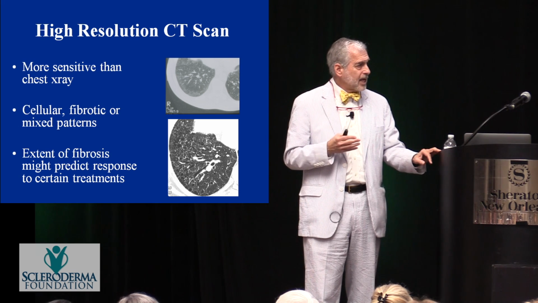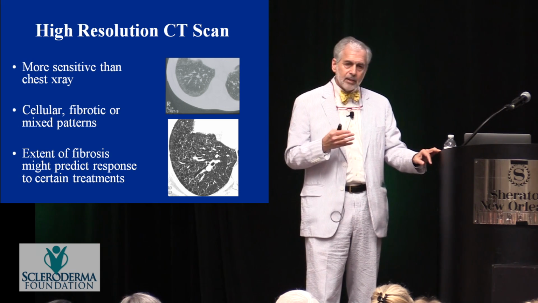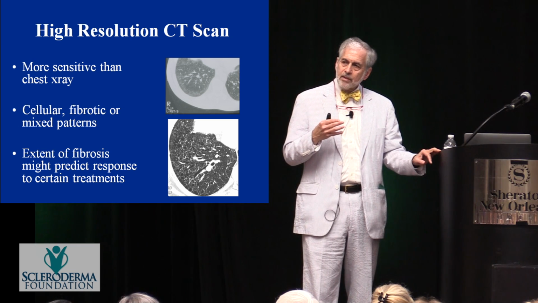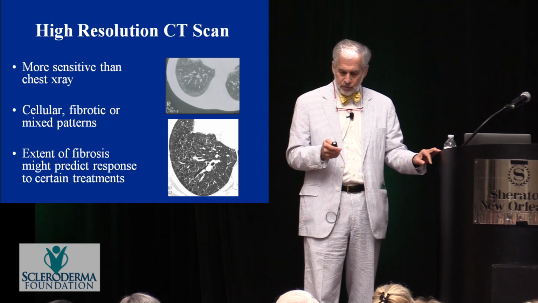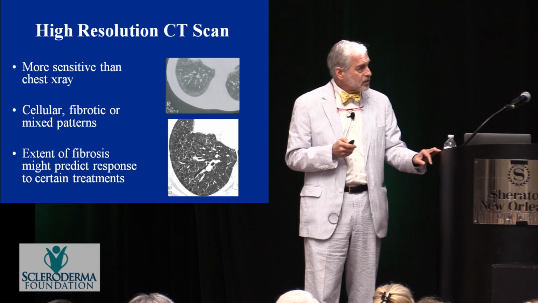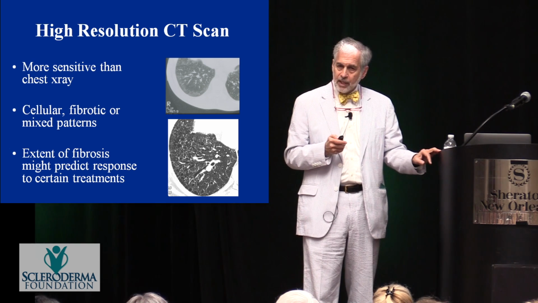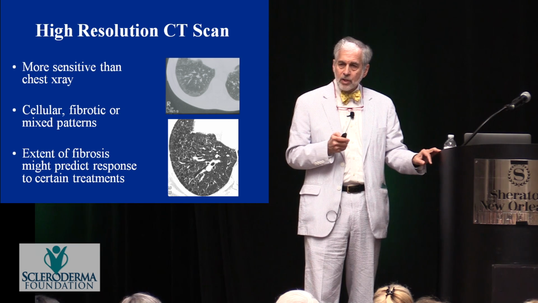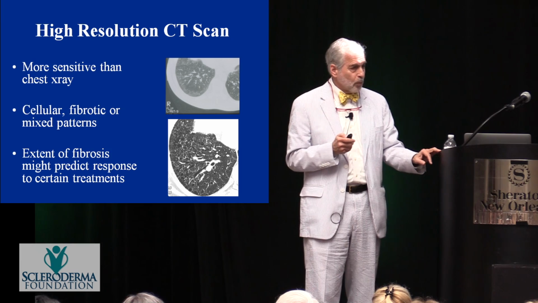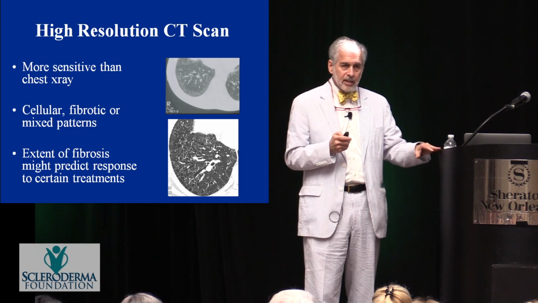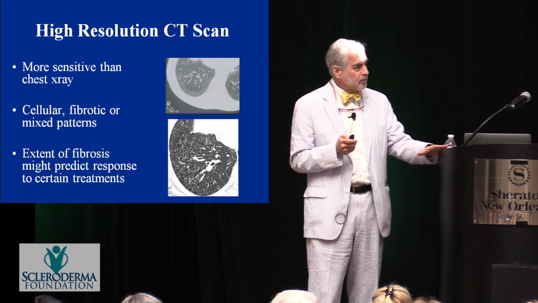And so the CAT scan is very important in defining the presence and the severity of pulmonary fibrosis. It has significant amounts of radiation, so it's not something you want to have done very often, but nevertheless can be important as a baseline test in the workup of shortness of breath.